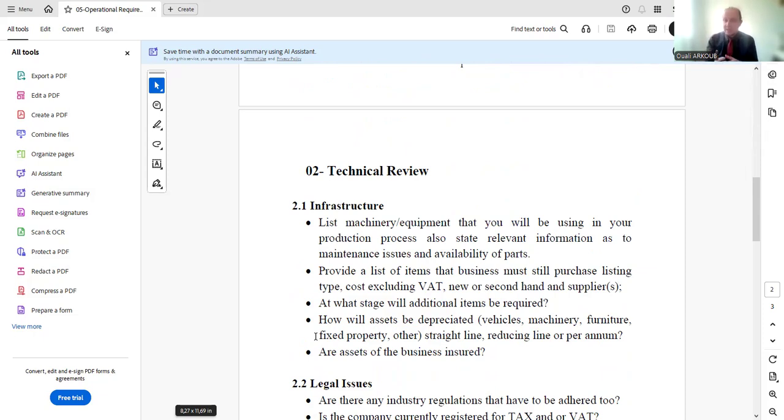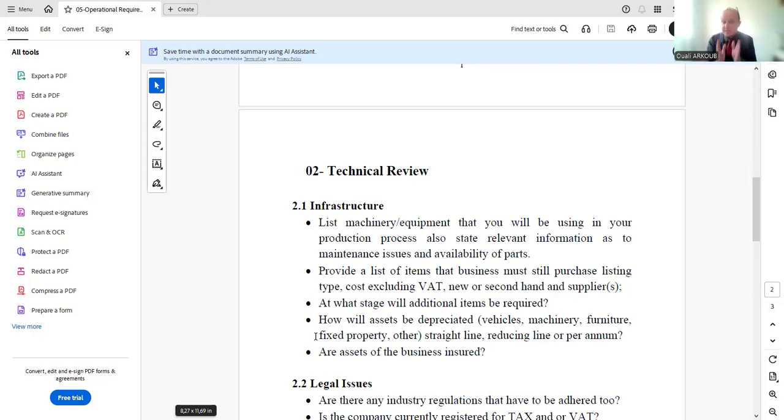We must determine the list of machinery and equipment that you will be using in your production process. Also state relevant information as to maintenance issues and availability of parts for this machinery.